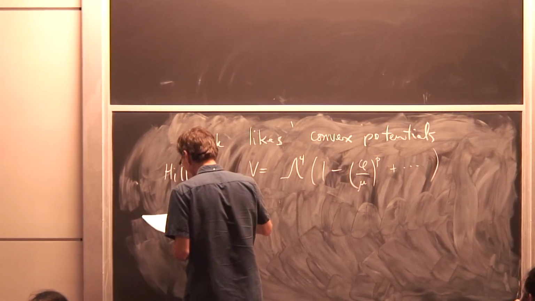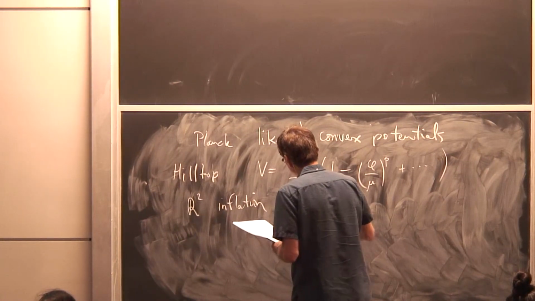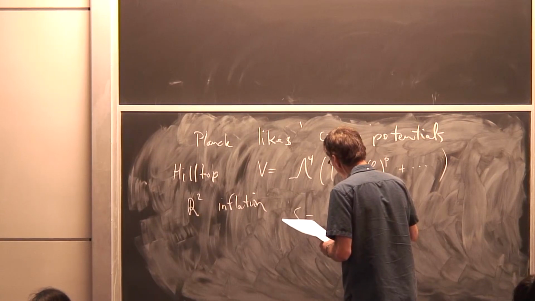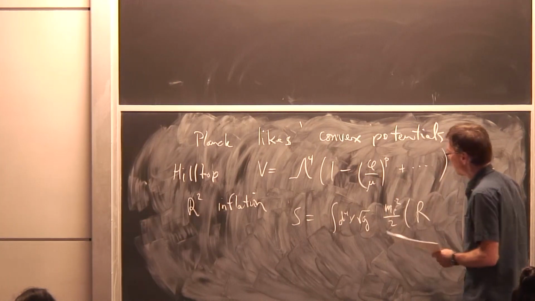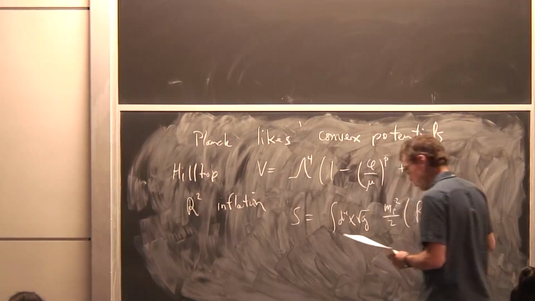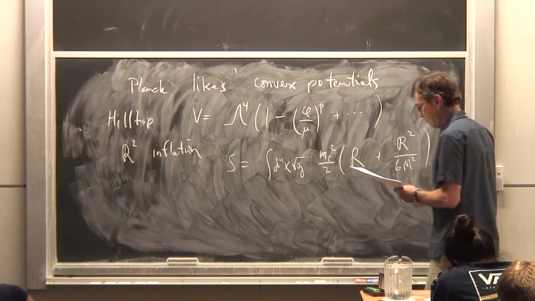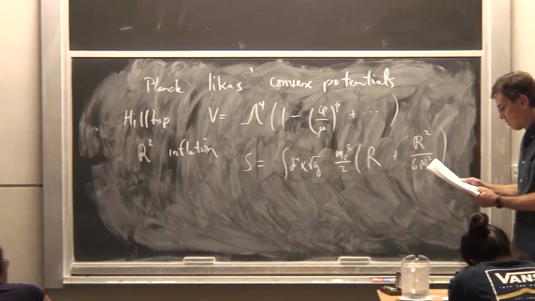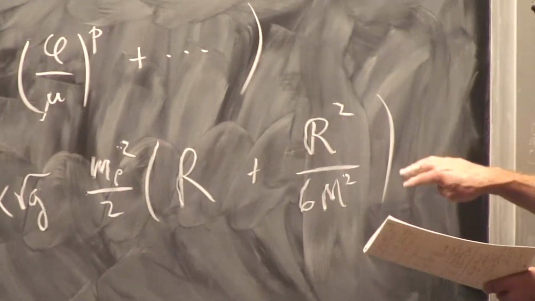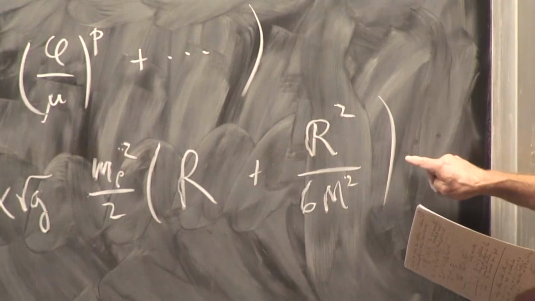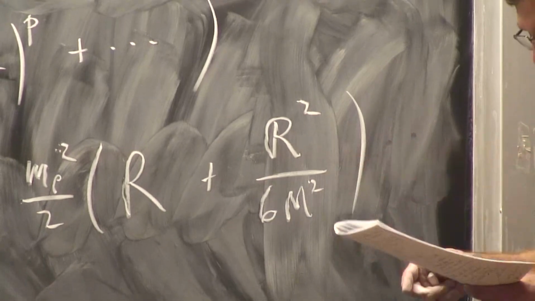But I'll just write down this model, R squared inflation. It's just a model of gravity where, in addition to the Einstein-Hilbert contribution, you put in R squared with some inverse powers of mass coefficient. And it turns out, it's at the end of my notes here, but we won't have time to get to them, that you can always put in an auxiliary field to re-express this in terms of a scalar field.